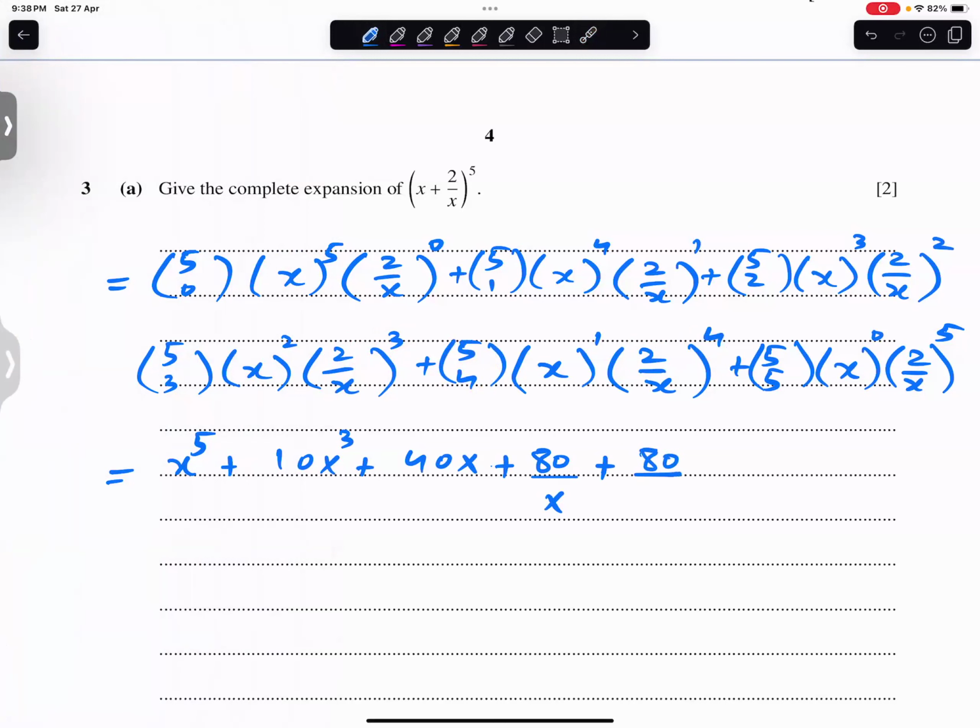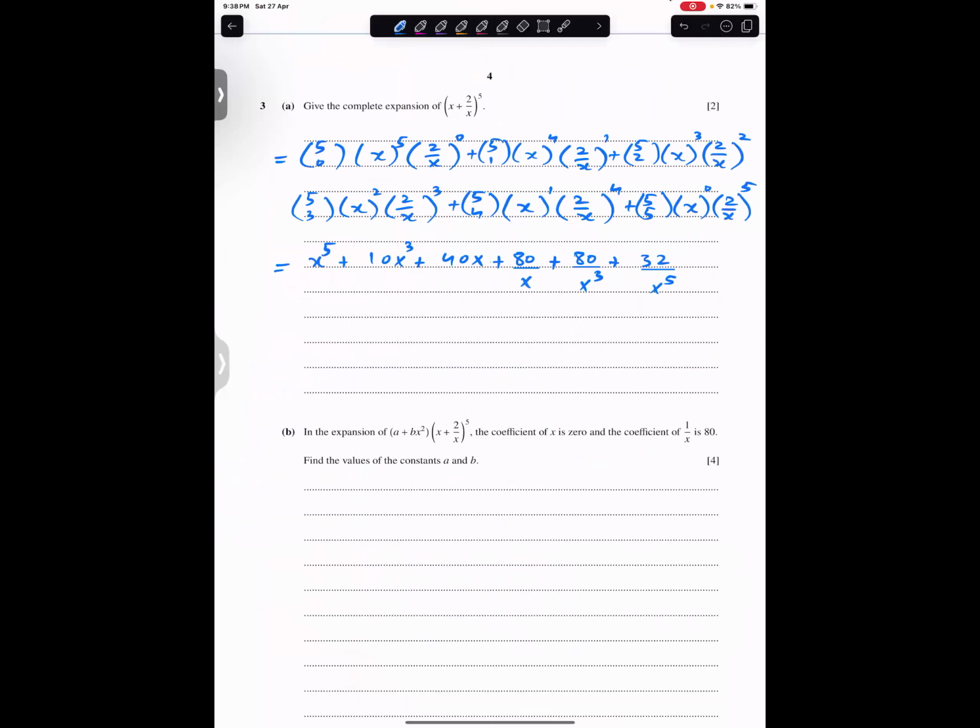So 80 over x cube, plus 2 raised to power 5, which is 32 over x raised to power 5. So this is the whole expansion of the above expression.